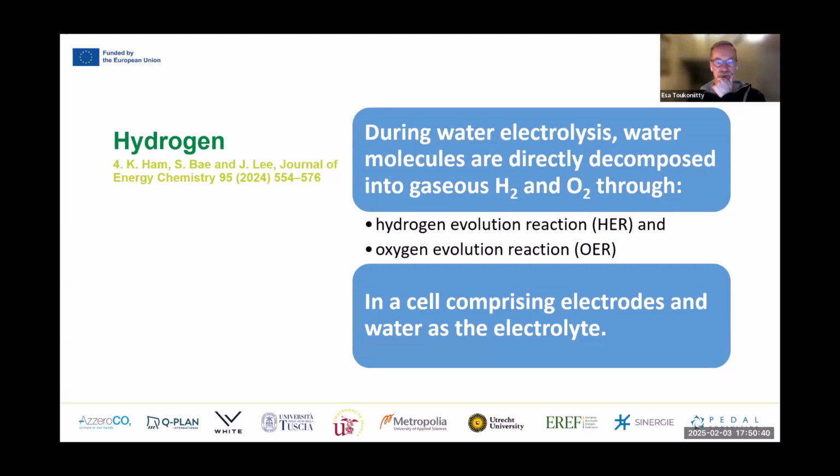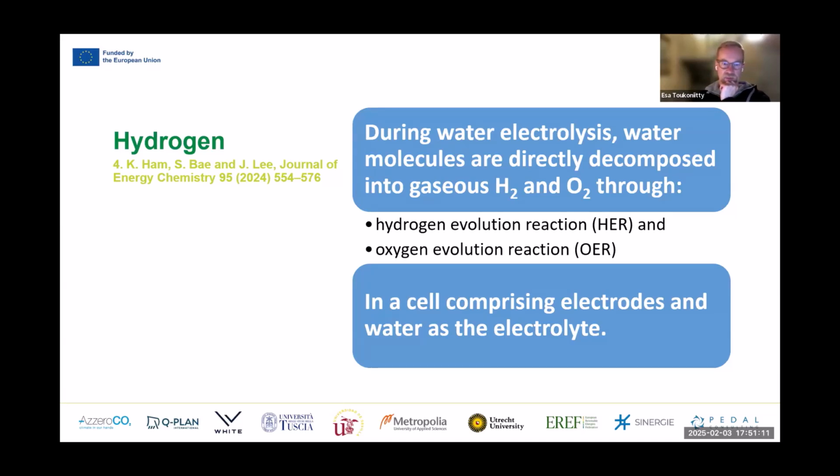This slide I showed you last week already, but basically, if you want to break water molecules, so H2O, you can do it by putting energy into the system, and it's put in the electrolysis cell in the form of electricity.